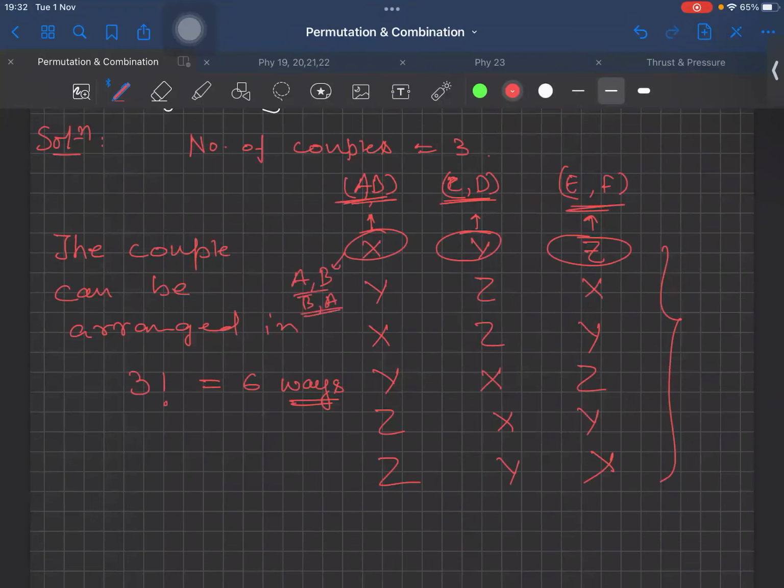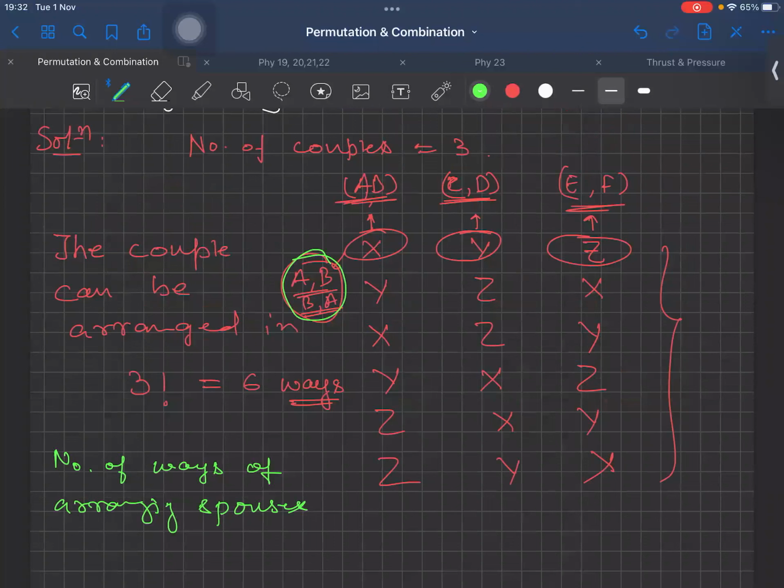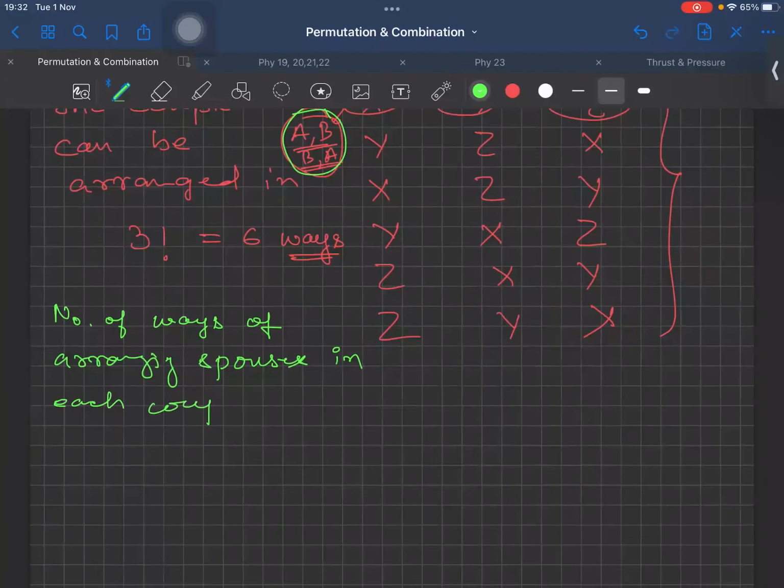This is also one of the arrangements, right? So the number of ways of arranging the spouses, that's right, they are not girlfriend and boyfriend, they are married, in each couple is 2 factorial ways. So that will be equal to 2 into 1, which is 2, right?